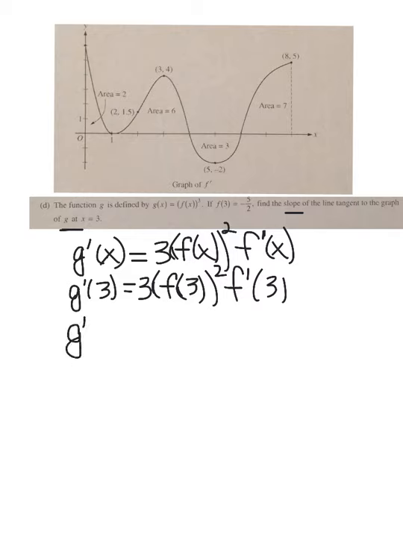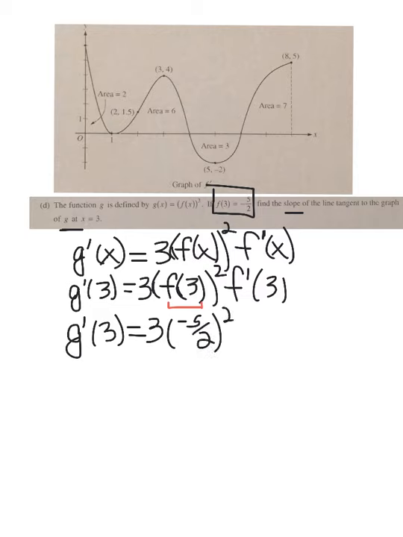All right, so let's see what we can find out. So we know that this is 3. Okay, so what we need to do is we need to find f of 3. Well, if you read the question, it says right here that f of 3 is negative 5 halves. So that's going to be negative 5 halves, and then that quantity squared.